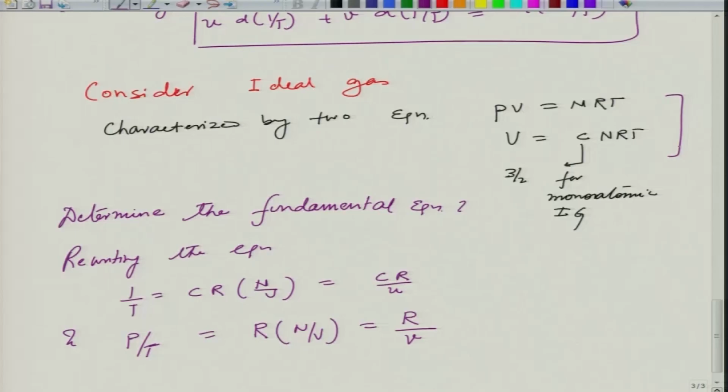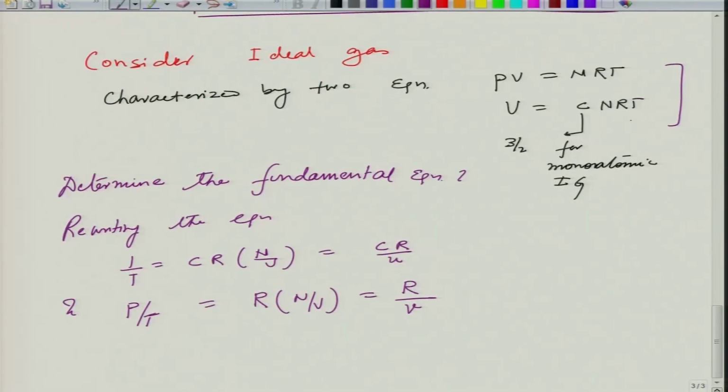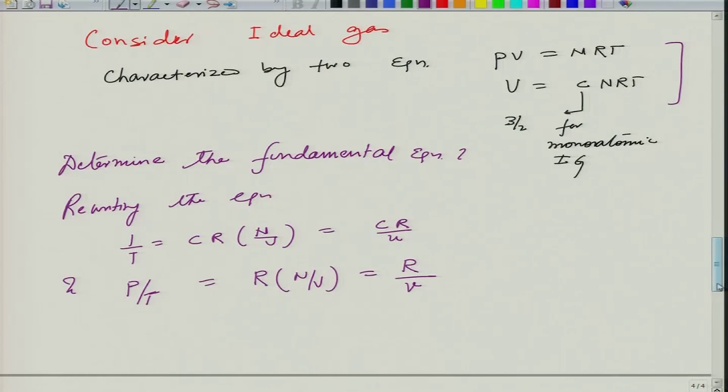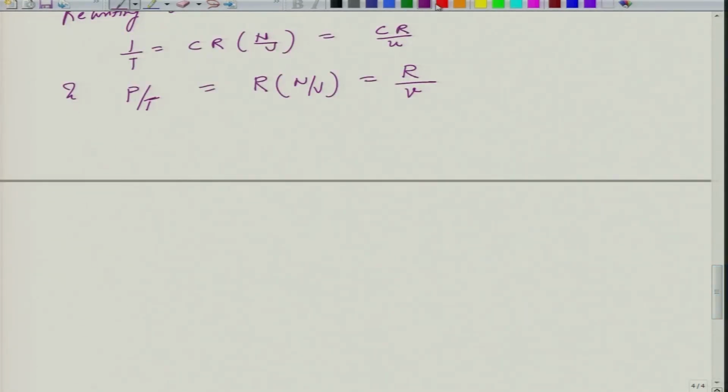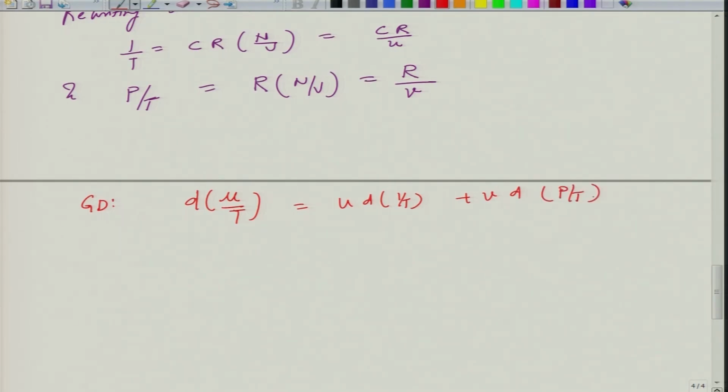Now, these are the expressions which come directly from here. So, we are going to use a certain relation which connects these intensive variables. Let us look at the Gibbs-Duhem relation to start with. The Gibbs-Duhem relation says the following, that d(mu/T) is equal to, so that is what we wrote based on the entropy. If you want the fundamental equation, here we can get the expression for the entropy.